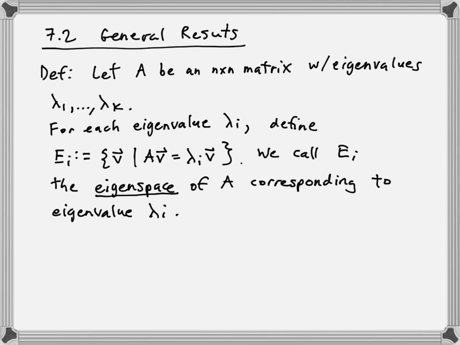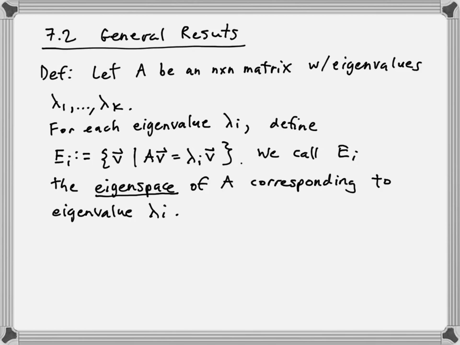So let's look at this E_i. This looks like the set of all eigenvectors, doesn't it? However, there's an important distinction here. We're not calling the eigenspace just the set of all eigenvectors because that does include the zero vector. We did not exclude that.